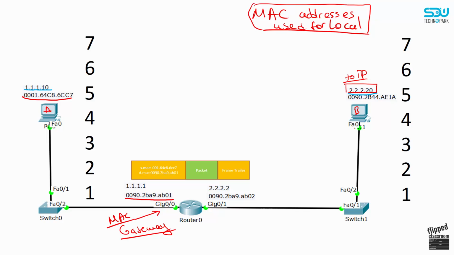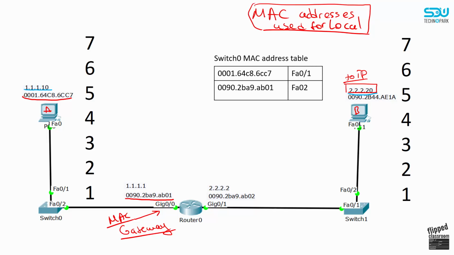What happens next? Our frame goes to the router. But by the way, first of all, it goes to the switch, and the switch receives this frame, and afterward it makes a comparison of the frame header with this MAC address.